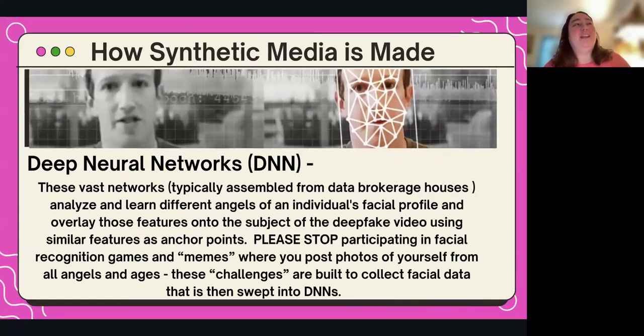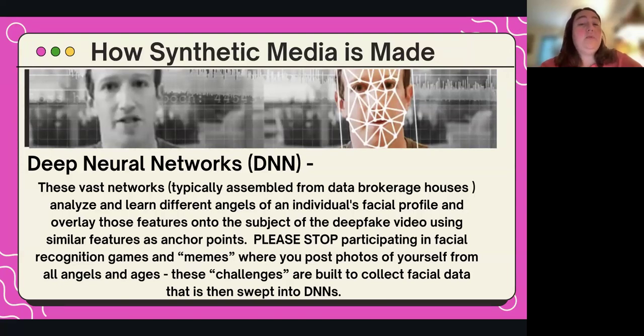So how synthetic media is made, this is the technical part of the talk, so we will just get it out of the way. It's a three-stage process to make these. The first thing, and this is mostly about video, so deepfaked video, is you have deep neural networks or DNNs.